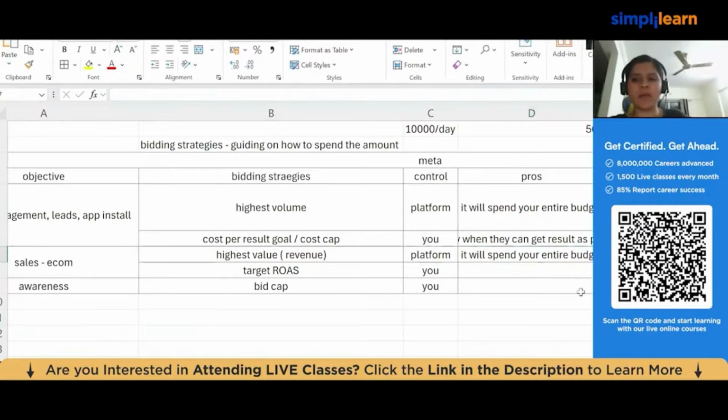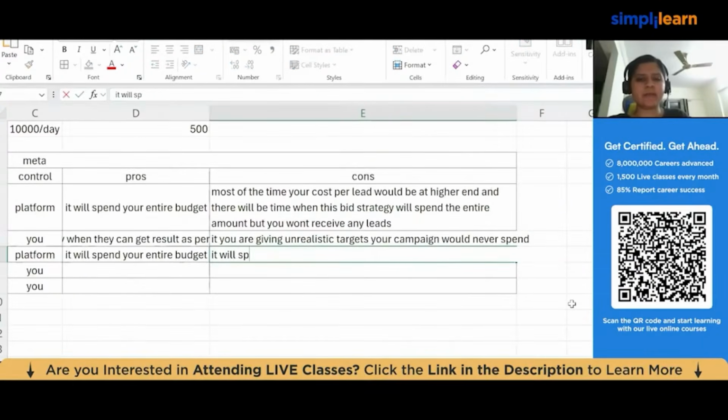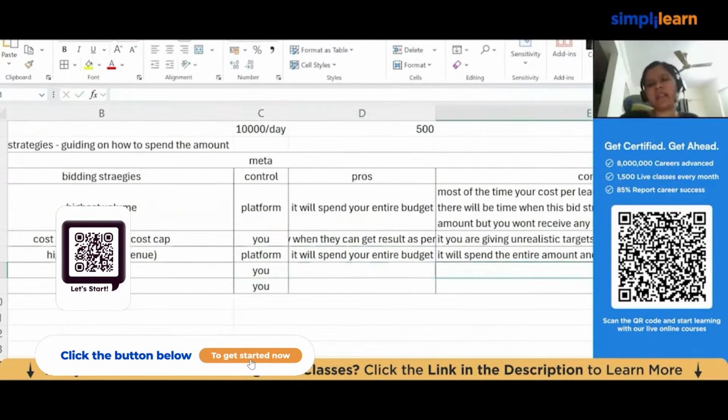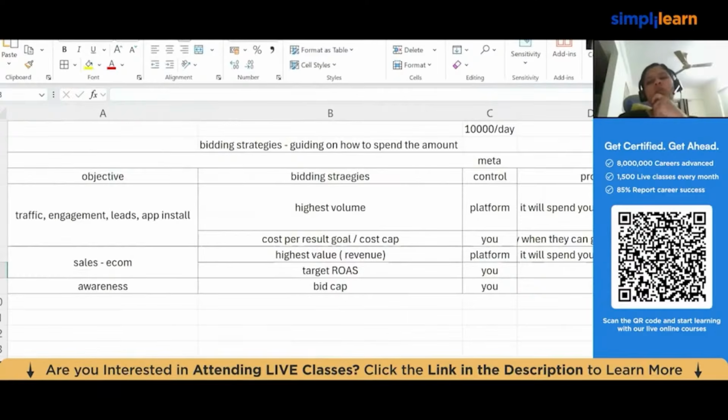Okay, but the problem is, it will spend the entire amount and will give a very less revenue or no revenue for that matter. So there will be a time when your campaign will spend the entire 10,000 and you might get a revenue of only 2,000 because that was the max that the platform could do for you, right?